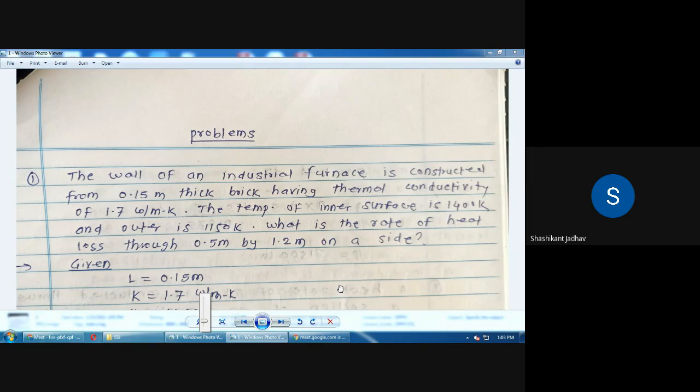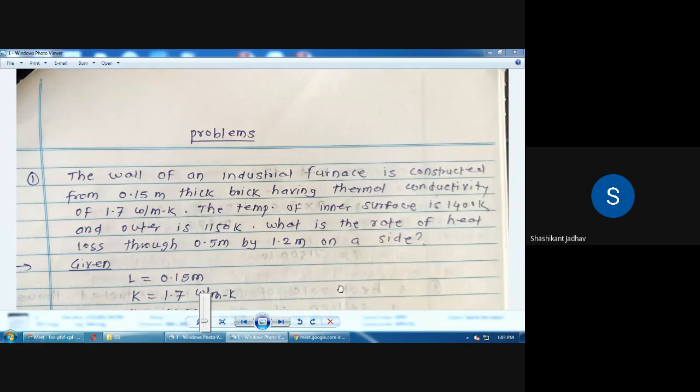Which area? Area which is normal to the direction of heat flow, and change in temperature with respect to distance. So Q is directly proportional to area and dT by dx. Area means surface area which is normal to the direction of heat flow. dT is the temperature difference and dx is the thickness of that particular object.